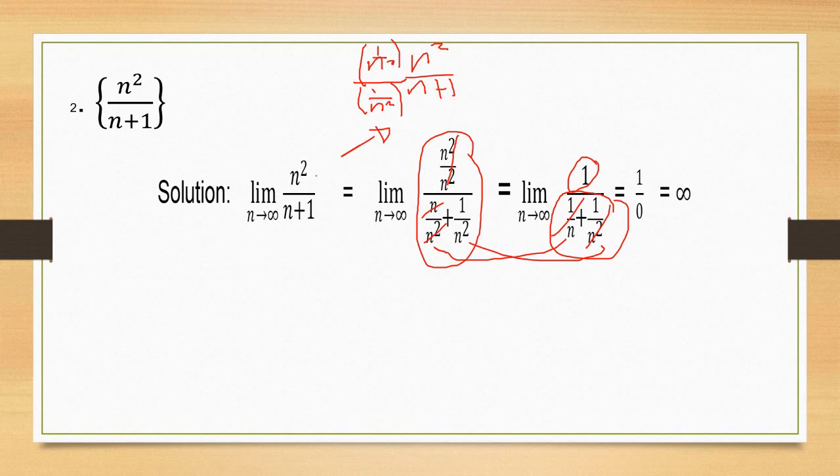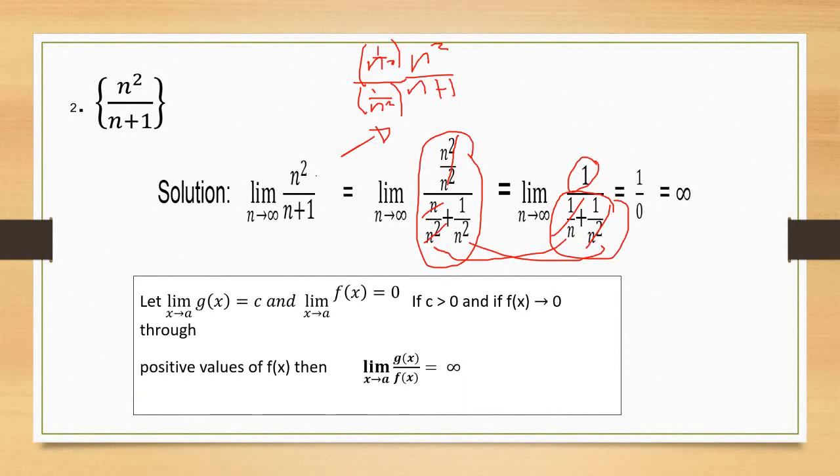Now, using another previous theorem, stating that if the limit of g of x is a constant c, and the limit of f of x is equal to 0, if c is greater than 0, and if f of x approaches 0 through positive values of f of x, then the limit of g of x over f of x is positive infinity.